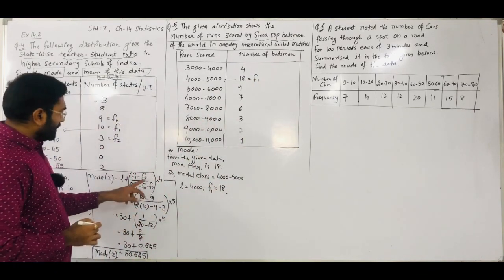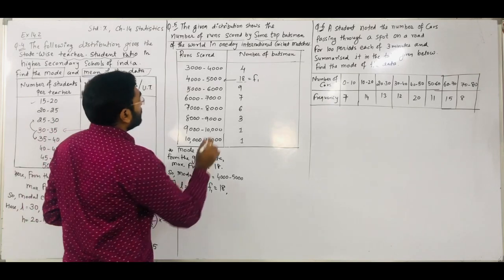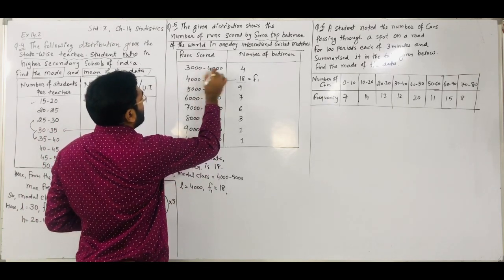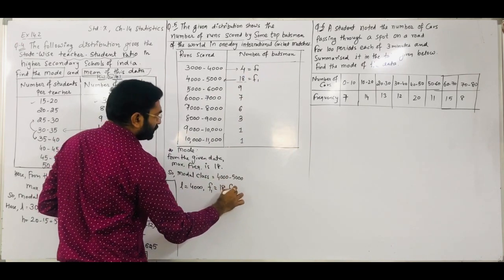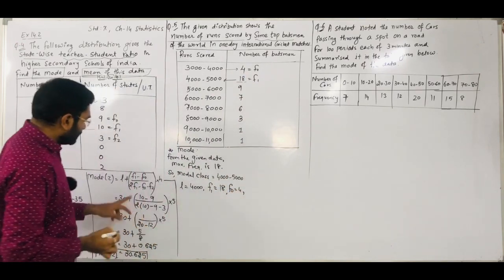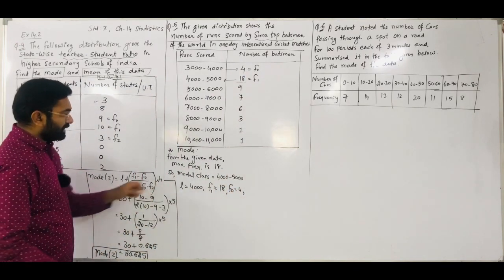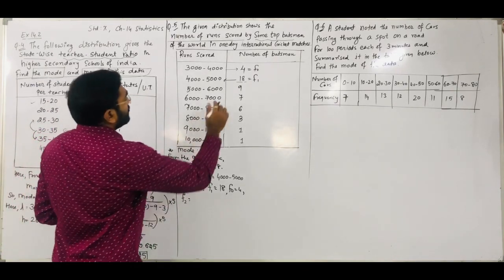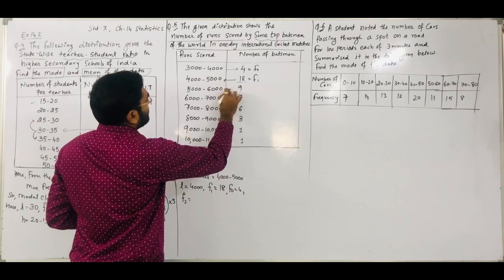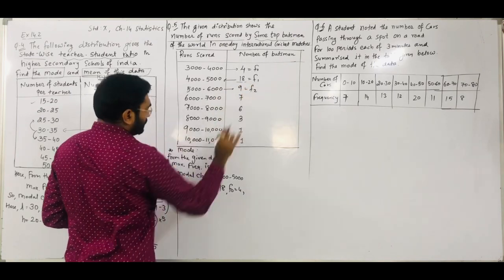Then F0 value, the frequency of the class preceding the modal class, is 4. Then F2 value, the frequency of the class succeeding the modal class, is 9.